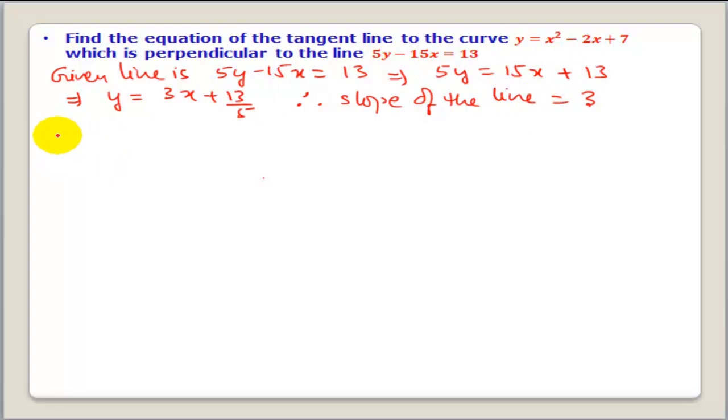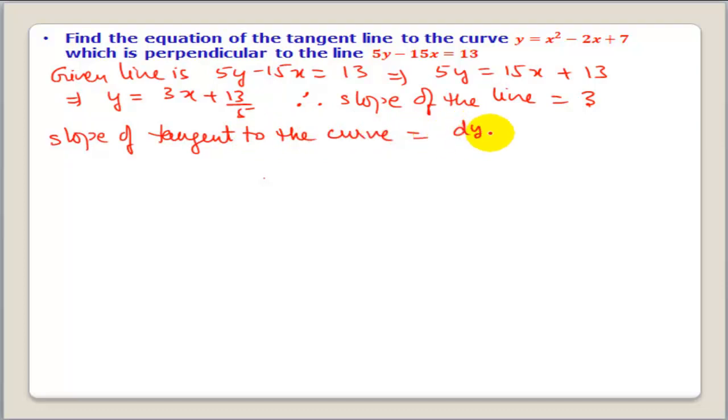Now finding the slope of the tangent to the curve. The slope of the tangent to the curve can be obtained by differentiating y with respect to x. So this is dy over dx. Let us differentiate the given equation with respect to x. Now dy over dx comes out to be the derivative of x square, which is 2x, minus the derivative of 2x, which is 2. That of 7 is 0.